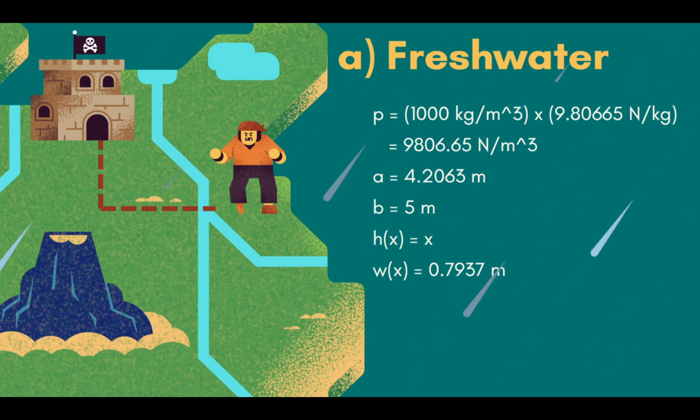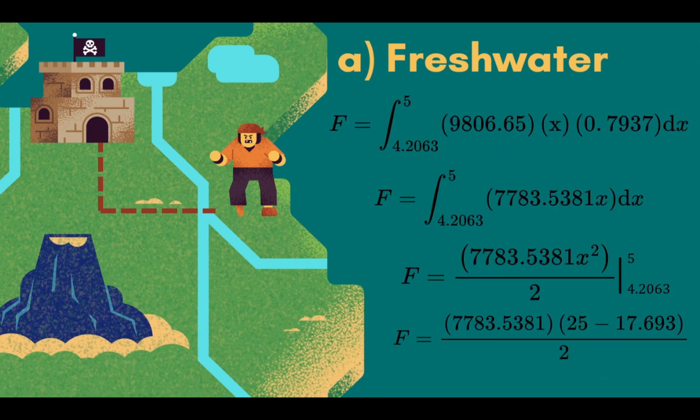We have point A as 4.2063 meters, point B as 5 meters, hx as x, and the width of the box as 0.7937 meters.